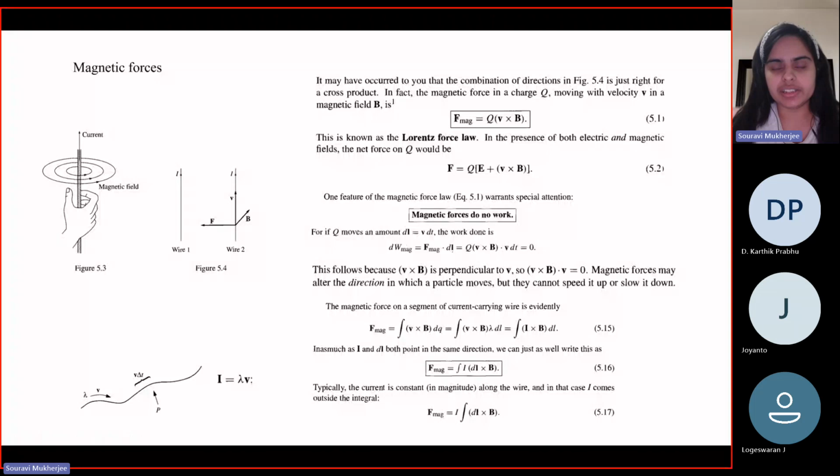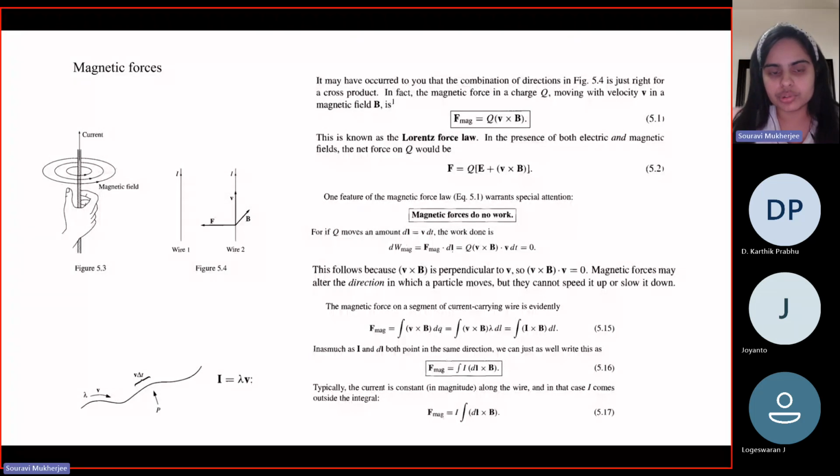Now, what was seen interestingly is that if you place two such wires together, each with some current I flowing through them, there is a force of attraction that one wire experiences because of the field that the other current carrying wire produces.